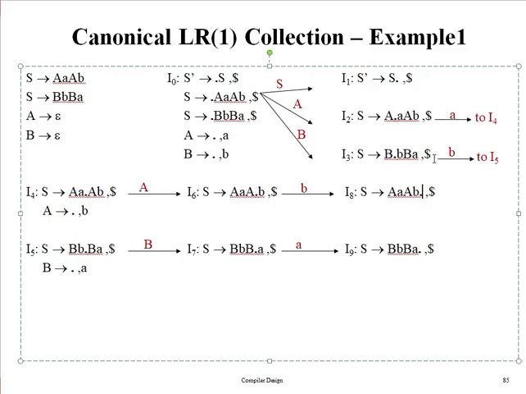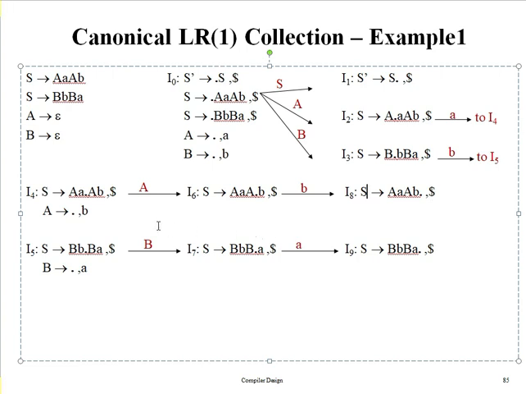For example, when we are filling the reduce action for this item in row 8, the reduce action will be added only under dollar sign, but not for all terminal symbols appearing in follow of S. For this one it is also the same.